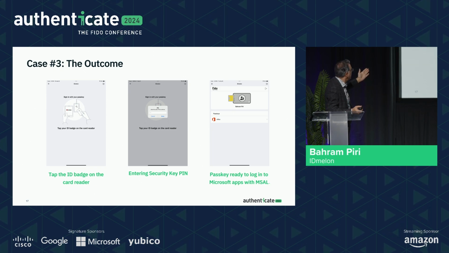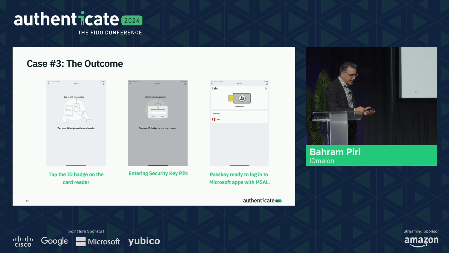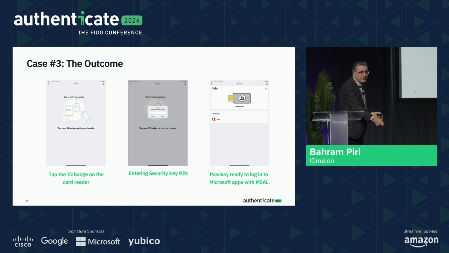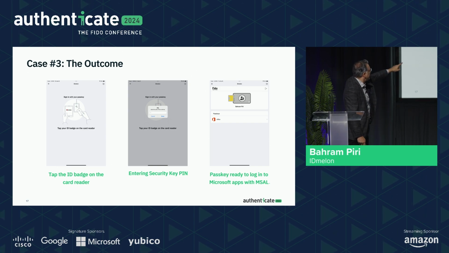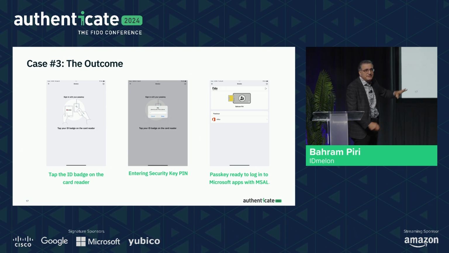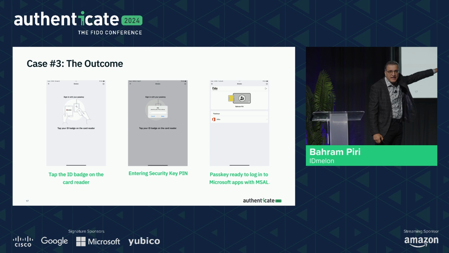When they open the iPad and open the IDmelon Authenticator, the only thing they need to do is get close to one of those readers, usually at the charging station. They tap their card, and suddenly they see a window asking for their PIN. They enter their security key PIN, done. Their passkey is in that iPad.